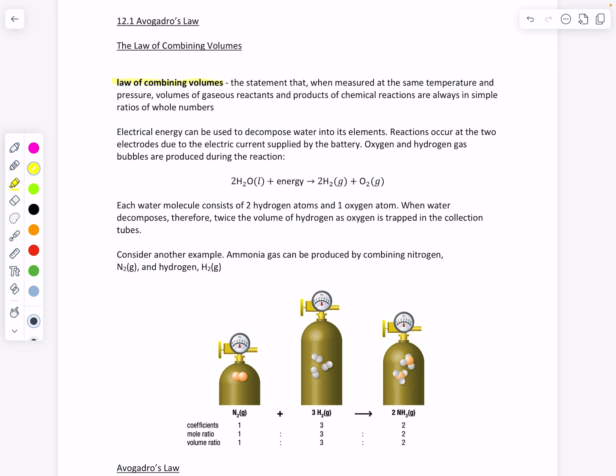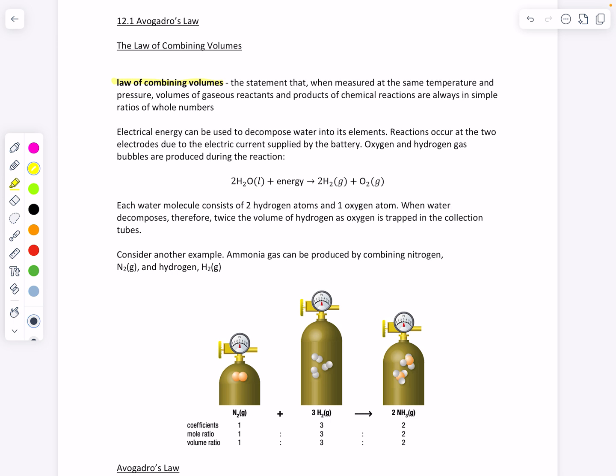For example, electrical energy can be used to decompose water into its elements. The reaction occurs at the two electrodes due to the electric current supplied by the battery. Oxygen and hydrogen gas bubbles are produced during this reaction.